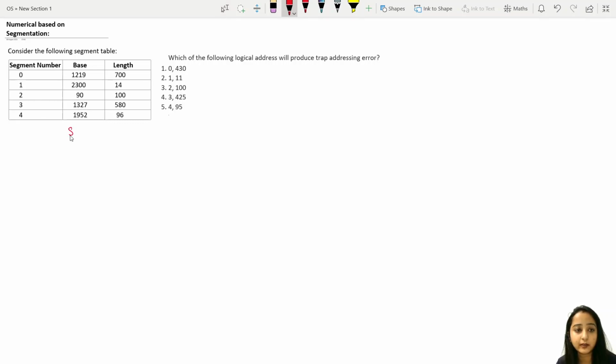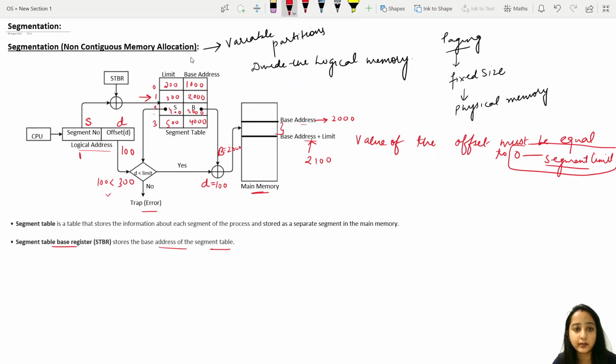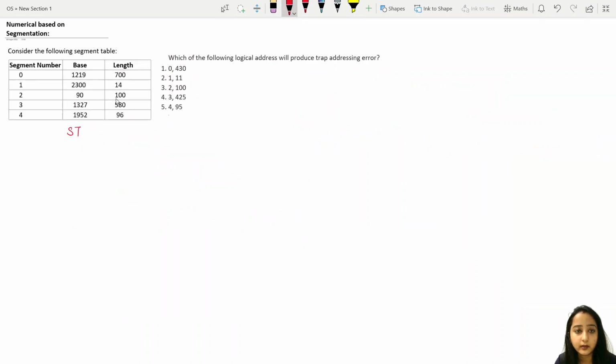This segment table is given to you with segment number, base and length. See the previous diagram, now this thing is given to you. The logical addresses are given in the options, so we have to check which logical address will produce the error. We'll check one by one.